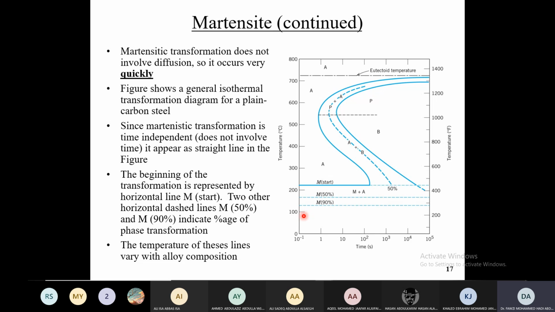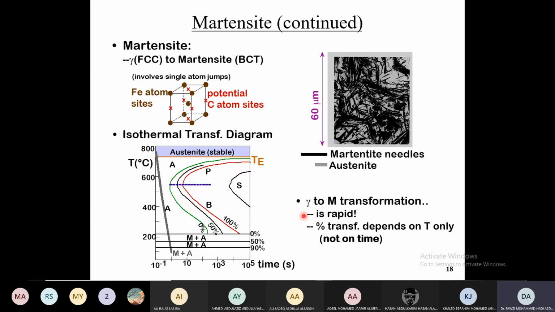It's very stuffed with carbon content, and therefore it cannot accommodate it all, especially when the carbon content is high. Then a net change in the volume occurs, and it changes from a BCC crystal structure to a BCT crystal structure, basically. So this is what we said last time, and that is the route that we could take into development of the martensitic structure.